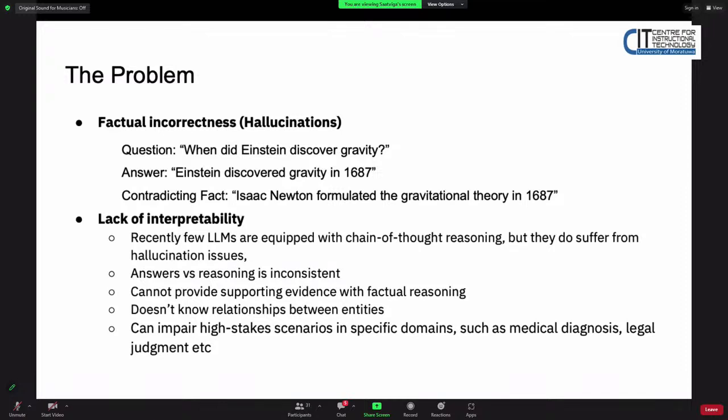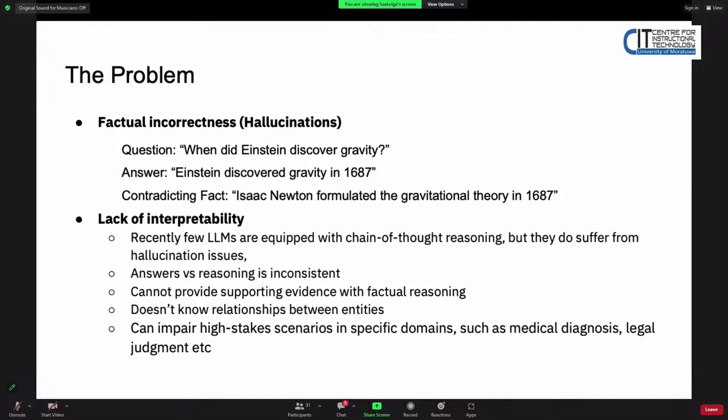And the other problem is inconsistency of the results. For example, the same question, when you ask in different languages, there are examples where we see different answers. And there's lack of interpretability, and that's one of the main problems.